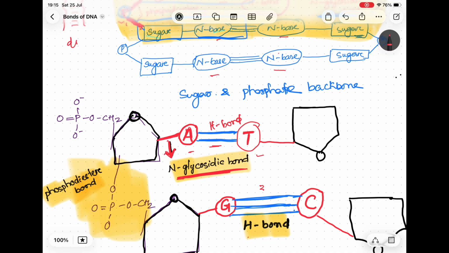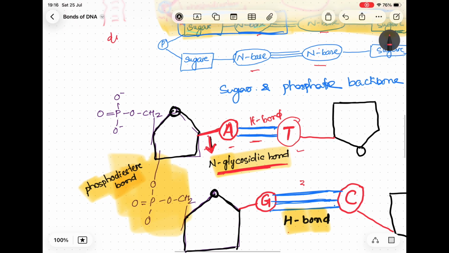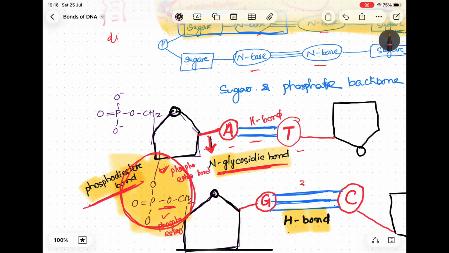Another is here, this is phosphoester bond between one sugar and phosphate, and this is also phosphoester. All this total bond is known as phosphodiester bond because it connects two phosphoester bonds, which further helps in connecting two nucleotides.